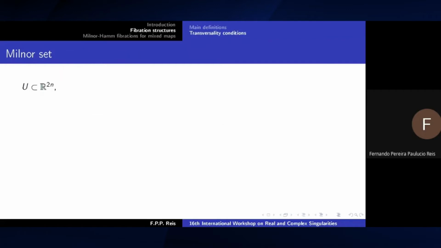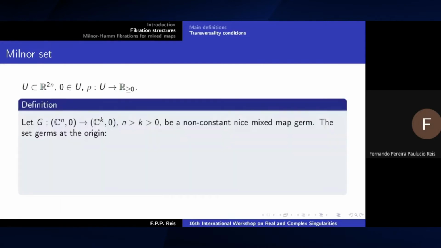Let us consider U, a subset of R^{2N}, an open subset such that 0 belongs to U, and let rho be a non-negative proper function which defines the origin. Let G be a non-constant nice mixed map germ.